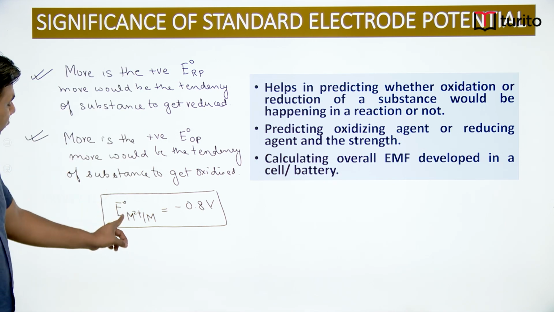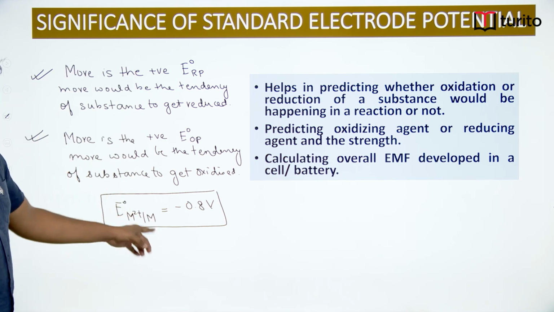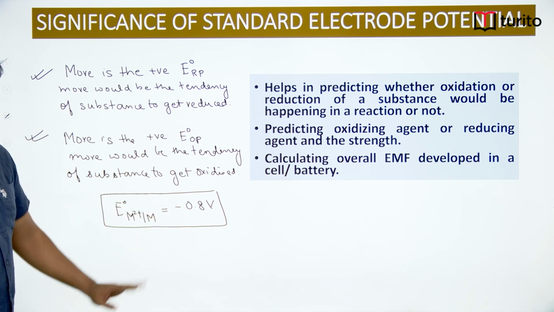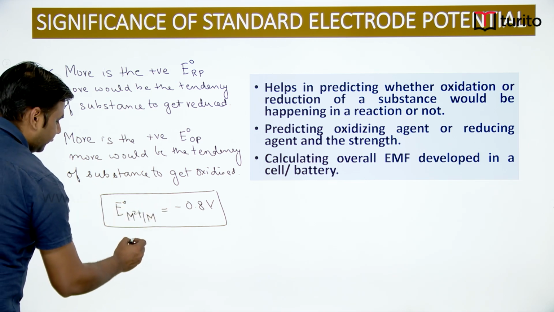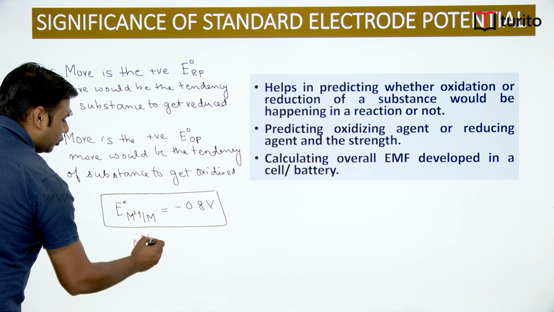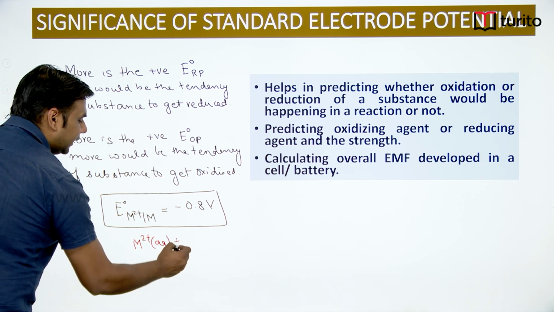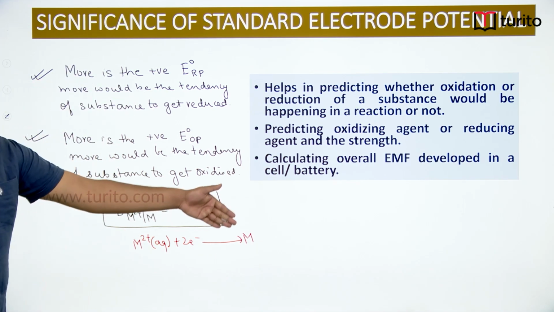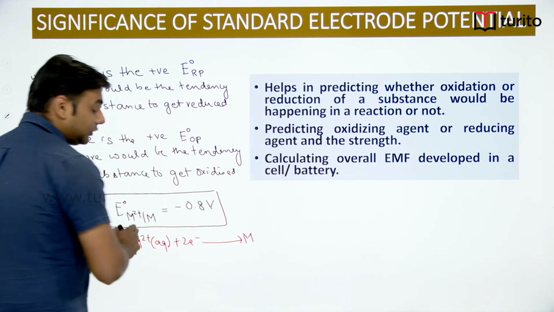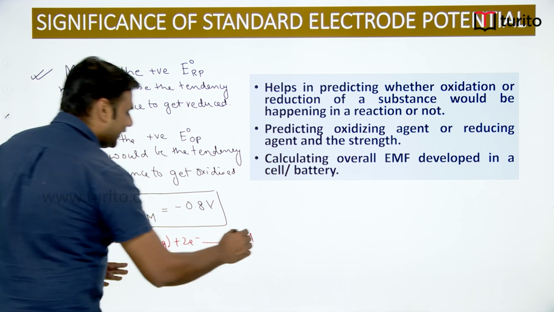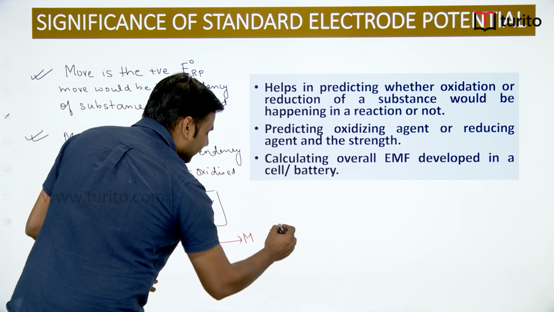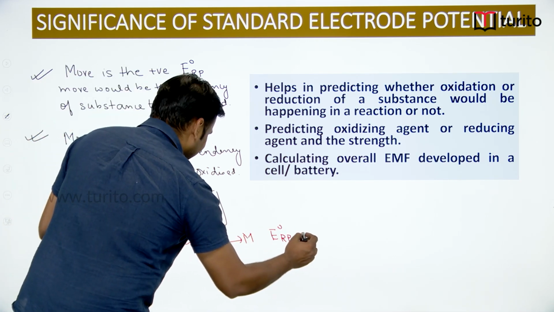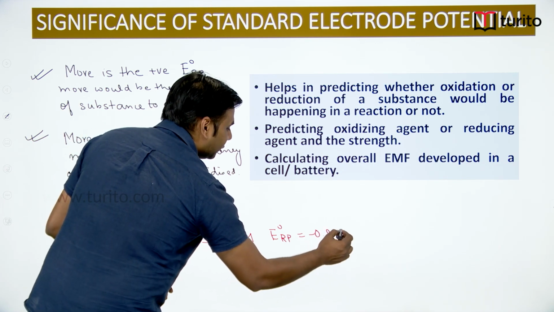Here you can see M2 plus is changing into M. So this is reduction because the oxidation state is reducing. So you have been given M2 plus aqueous gaining 2 electrons changing into metal. Because this is a reduction reaction, the reduction potential has been given to us as minus 0.8 volt.